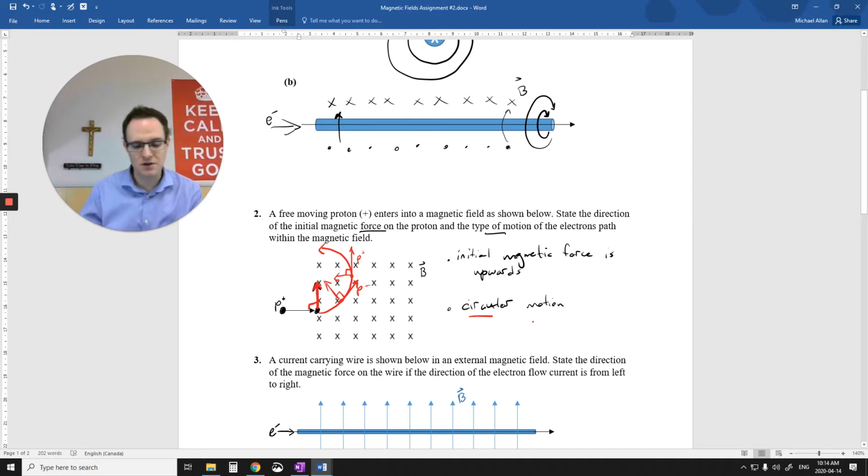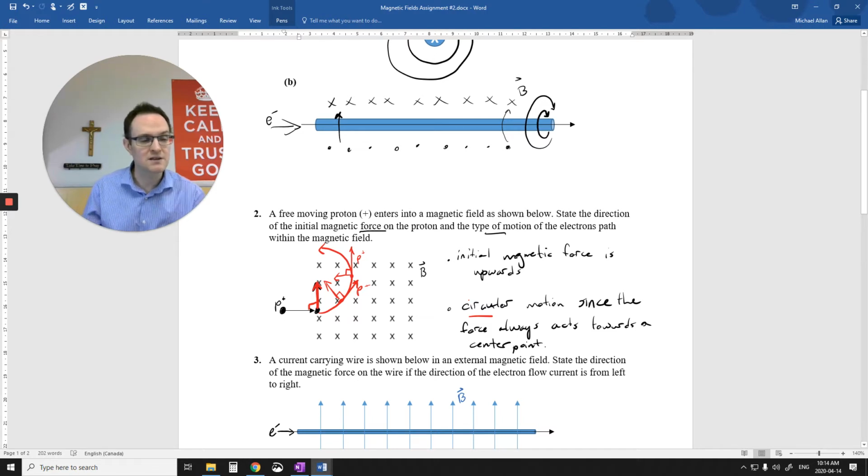So this is circular motion since the force always acts towards a center point. So it's center seeking.